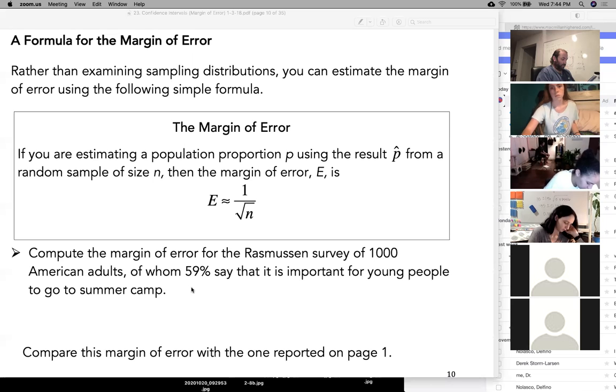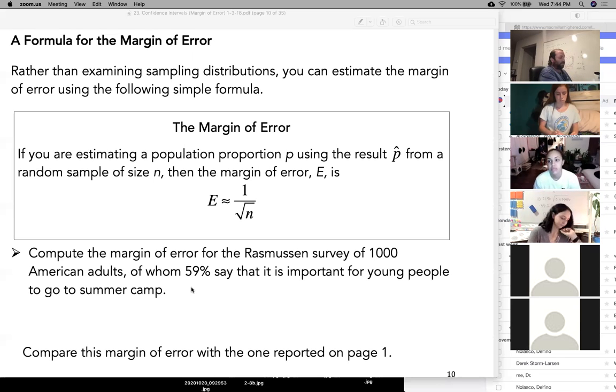What is 1 over the square root of 1,000? It's about 0.03162. It's about 3%.